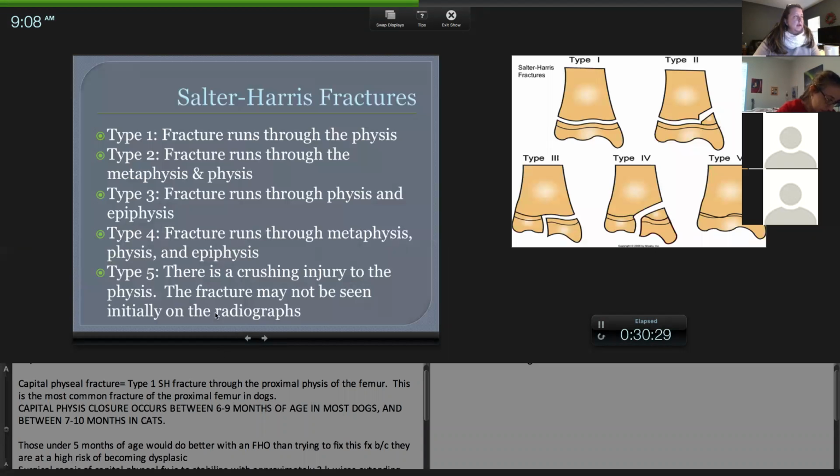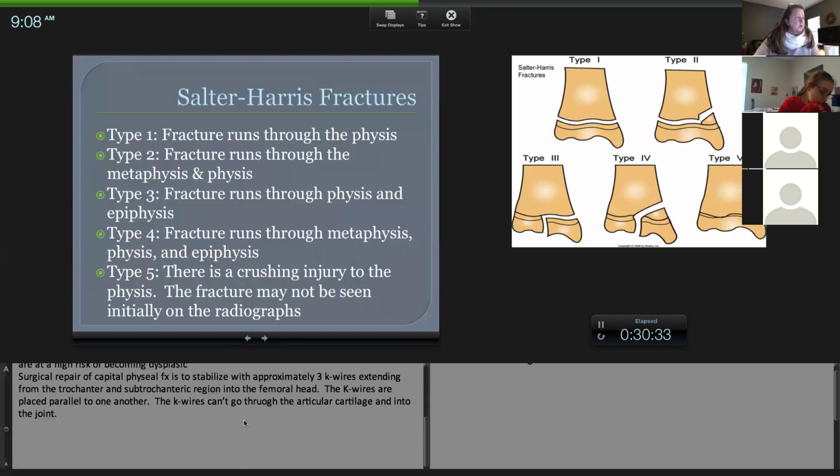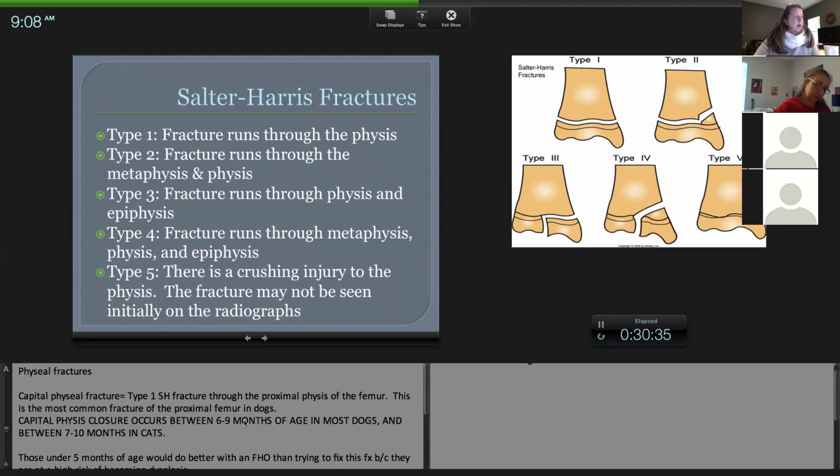So now these type of fractures, there's things called Salter-Harris fractures, and these are physeal fractures. If you think about the physeal, these are growth plate fractures. So Salter-Harris, there's 5 different types of fractures.